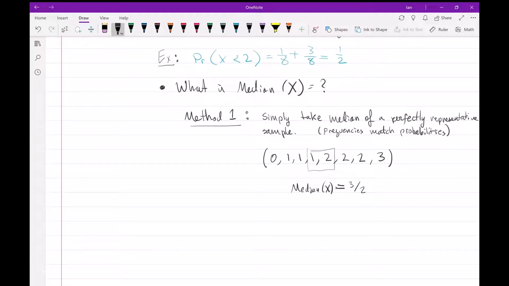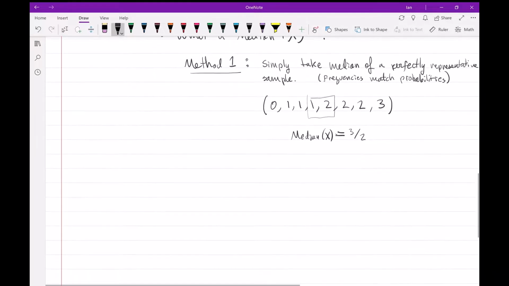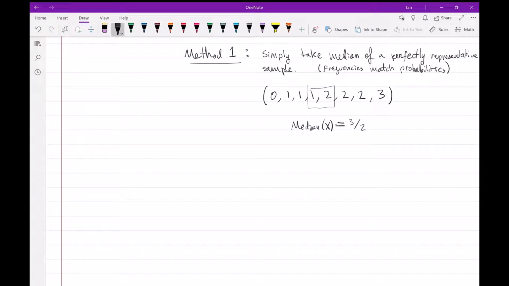So the other way is kind of like using the histogram to compute the median. And this can be useful if the denominator of your probabilities is very large, so that constructing a perfectly representative sample would be very, very long.